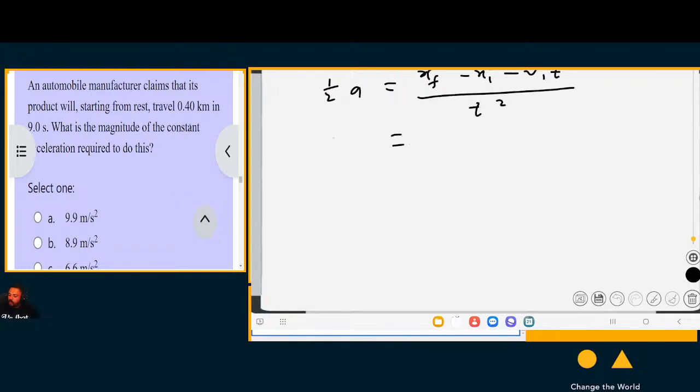If we were to plug in everything here, this is still a half acceleration. We can take it over, but I'll rather just keep it there for now. We have that final distance is 400 meters. It started from rest, which is 0 meters. We write in meters there. Minus its initial speed was also 0 meters per second.